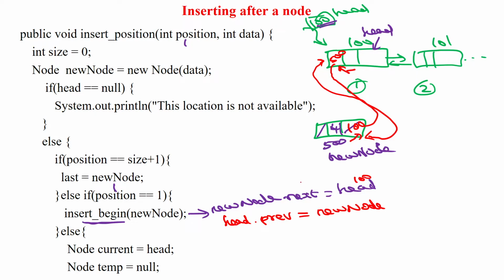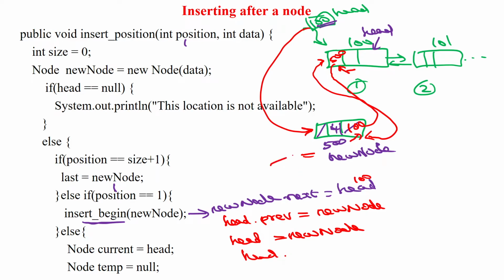Then we have to make the new node the head, so head equals new node. Now the new node is assigned as the head. So this is the head, the new node is the head now, so head dot previous will become null.